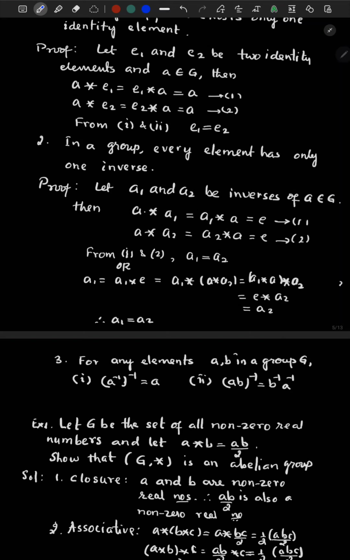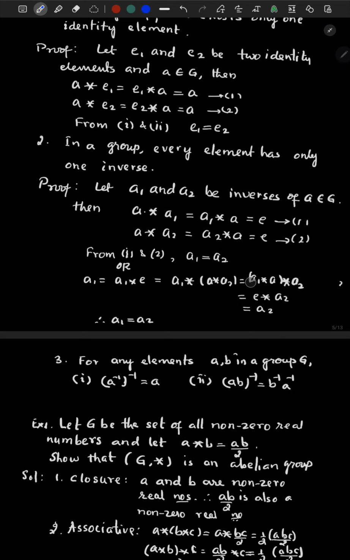Or you can prove it in another way. A1 can be written as A1 star E, because E is an identity element. Then A1 star, now E can be replaced by A star A2, because A2 is another inverse, so E is nothing but A star A2. Now A and A2 are associated here.